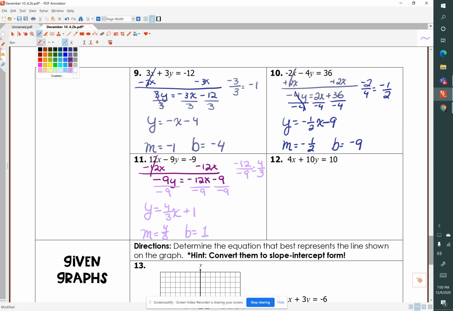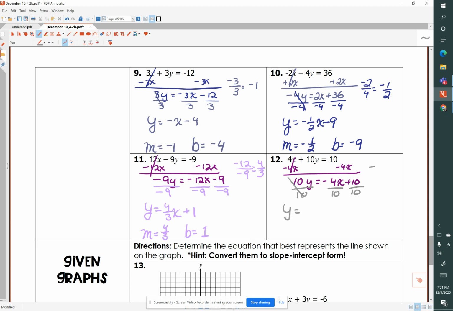Let's get a darker color. The first thing we'll do with number 12 is subtract 4x from each side, which will give us 10y equals -4x plus 10. And then we will divide everything by 10, which will leave us with y equals.